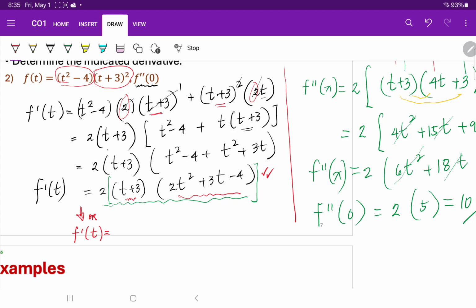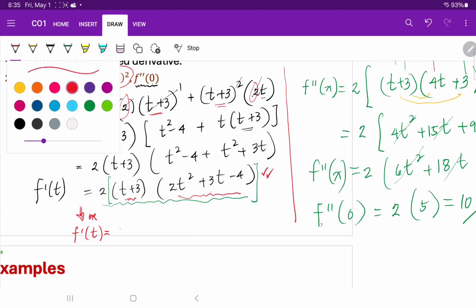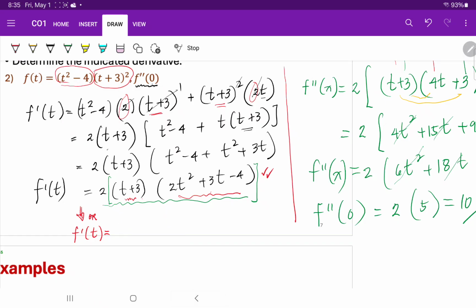Now, we can rewrite f prime of t by multiplying first t plus 3 and 2t squared plus 3t minus 4. So, how will you do that?